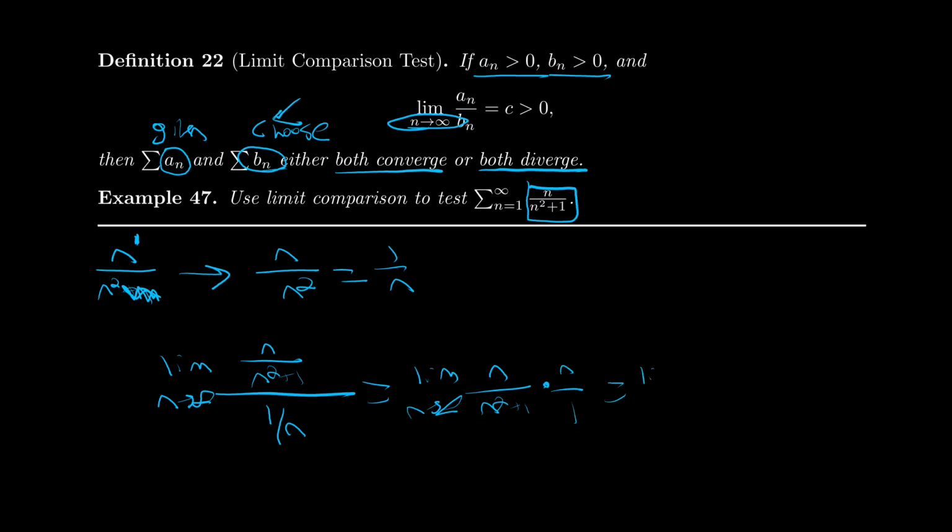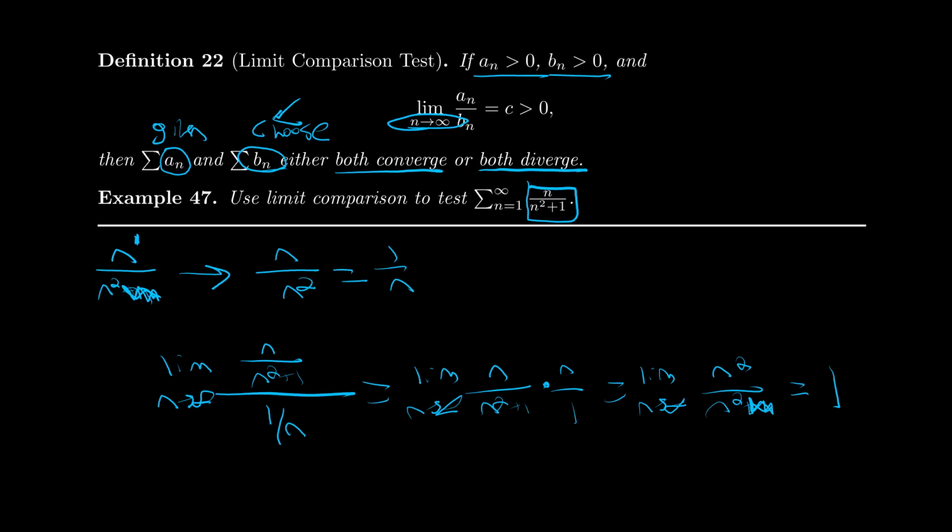And then this is the limit as n goes to infinity of n squared over n squared plus 1, which is 1. We know that. Because again, as n gets infinitely big, we only care about the dominant terms on the top and bottom. That is the terms with the biggest exponents. So that plus 1 really doesn't matter. And n squared over n squared is 1. The limit as n goes to infinity of 1 is 1. Okay.